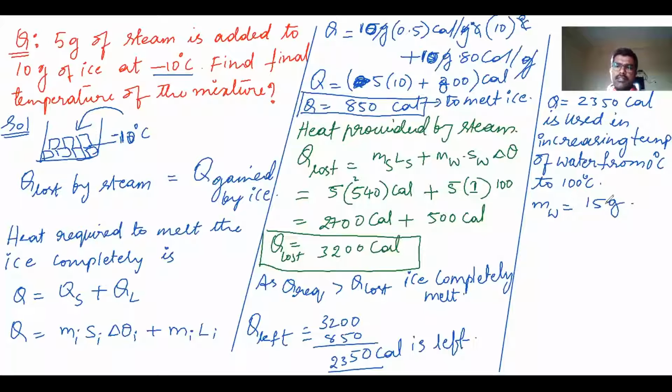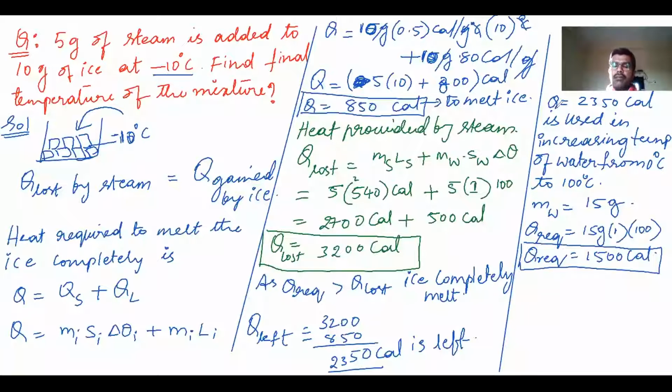In order to increase the temperature of 15 gram of water to 100 degrees Celsius, Q required will be equal to 15 gram into specific heat 1 calorie per gram degree Celsius, change in temperature is 100. So Q required is equal to 1500 calorie. Observe this carefully.